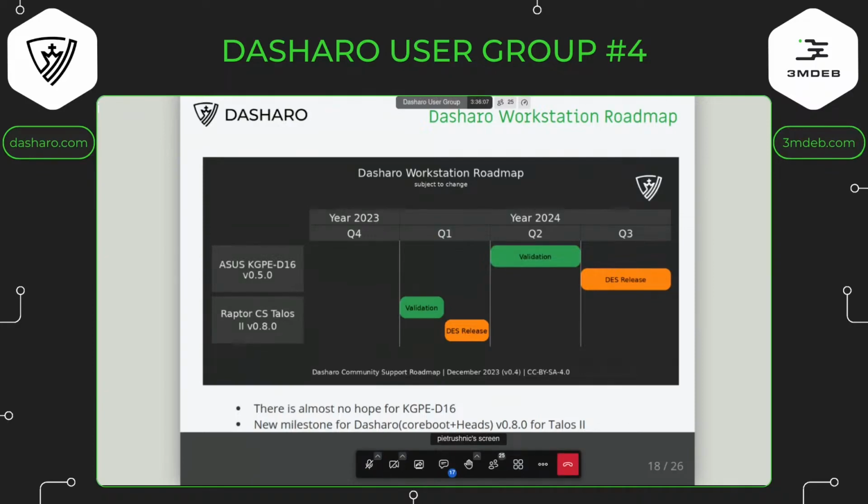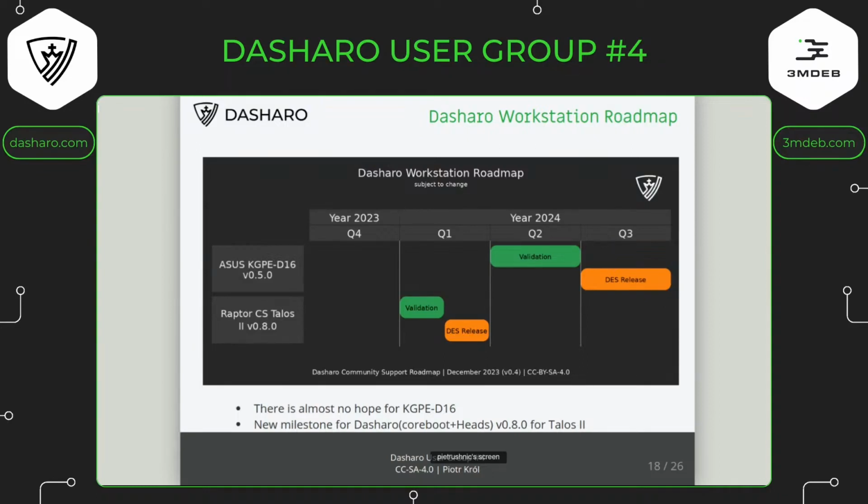I don't have the time and energy, and 3mdeb is already doing too many projects to go to the Free Software Foundation and negotiate an agreement on how to make the KGPD16 supported. I tried to reach Vikings and talk with them about Dasharo, about revenue sharing and all that stuff. There was also no response. So I guess this is a dead end for the KGPD16.